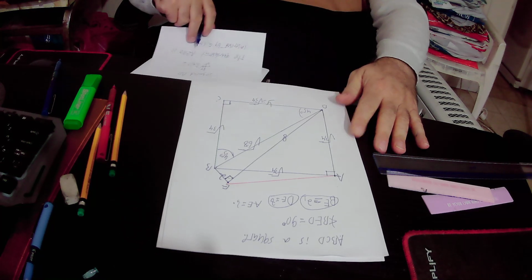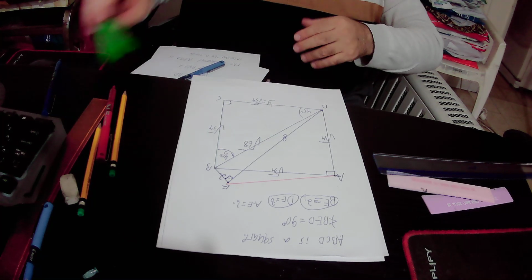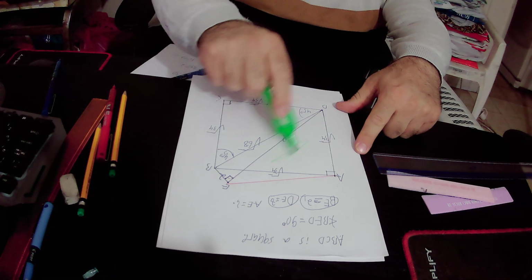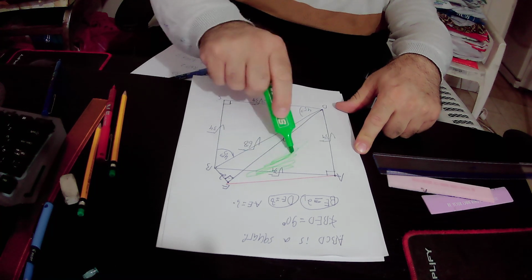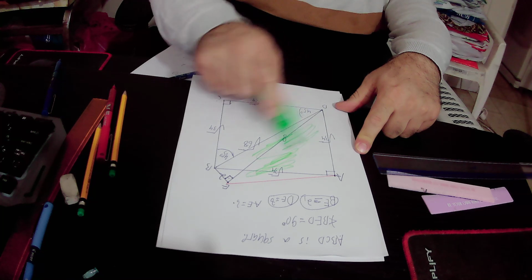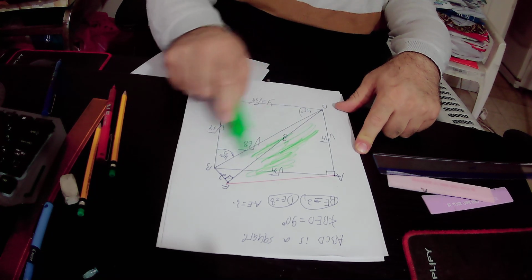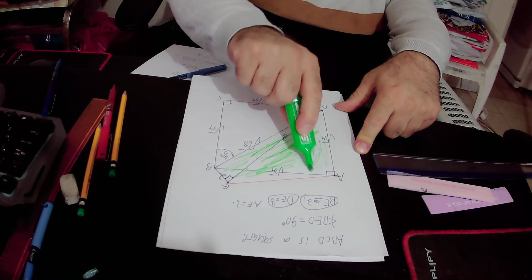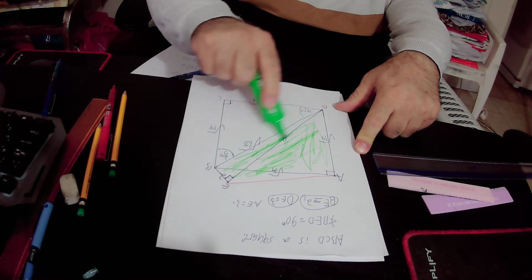So the quadrilateral AEBD in the green color, the quadrilateral that I painted in the green color, is inscribed by a circle.